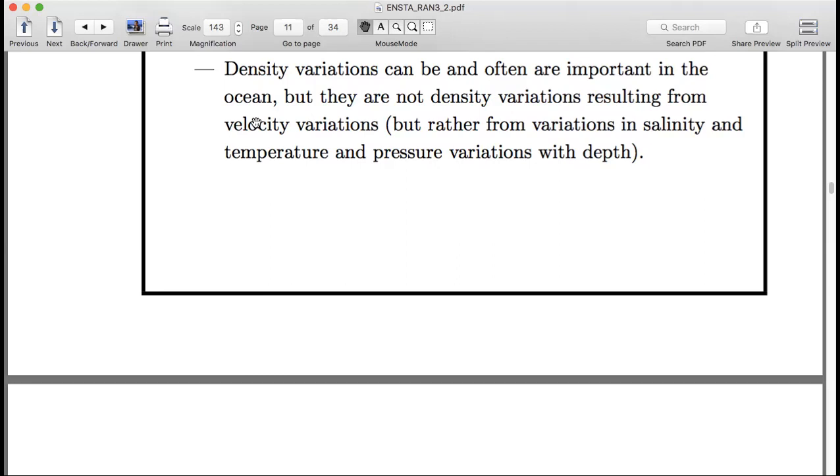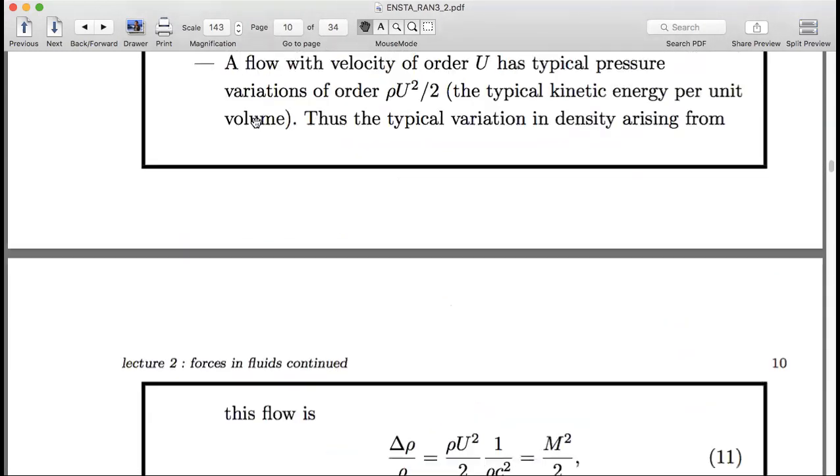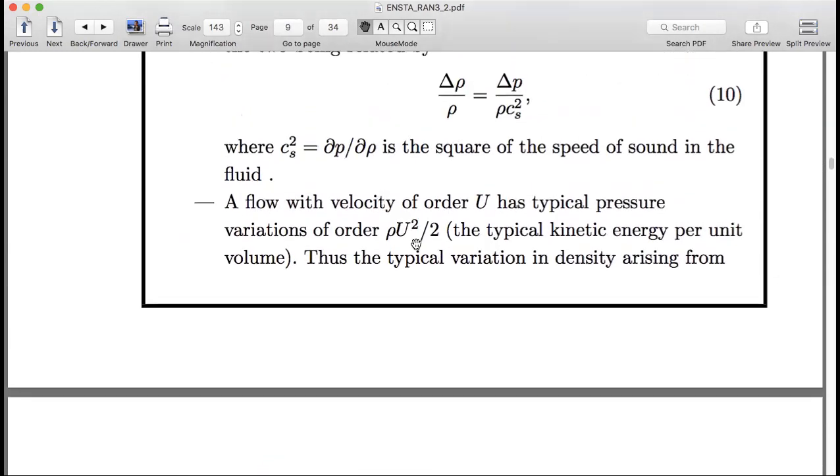But the density variations that drive that thermohaline circulation and other important circulations are not associated with the flow. They're not driven by this kinetic energy term here.